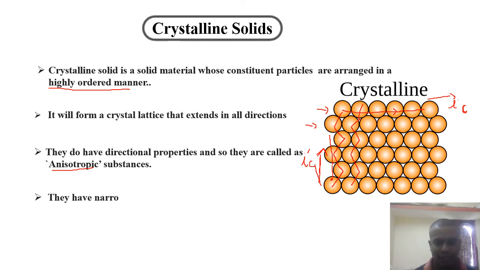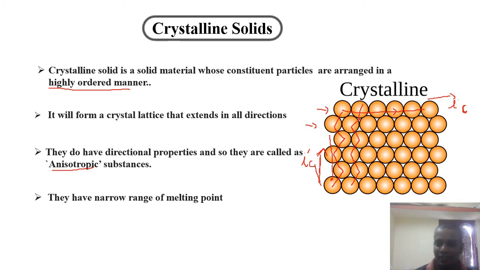The last characteristic is that they have a narrow range of melting point. Take gold: if you heat gold above around 1000 degrees centigrade, it will melt. Platinum has a melting point of 1768; if you heat above 1700 degrees Celsius, platinum will melt.